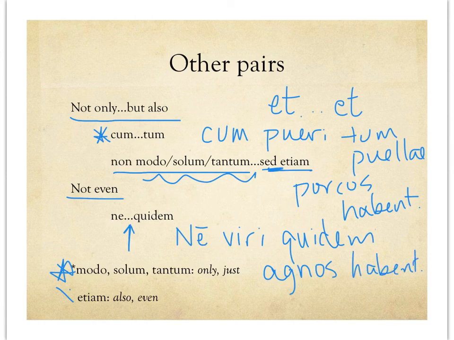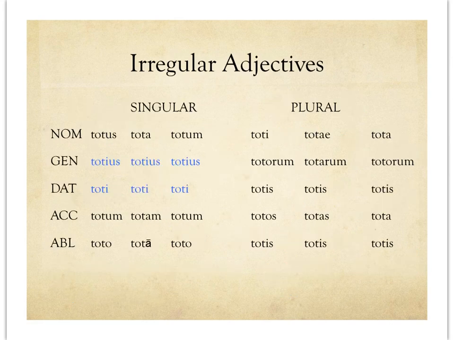Not even the men have lambs. So something like that is just, right, this is just usually where that goes. So those are pretty straightforward, I think. We're just going to practice with them and then we'll know them.